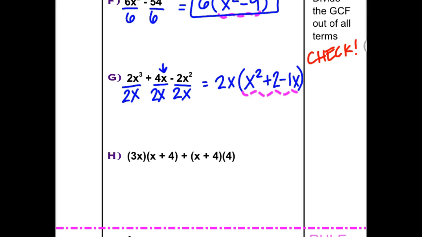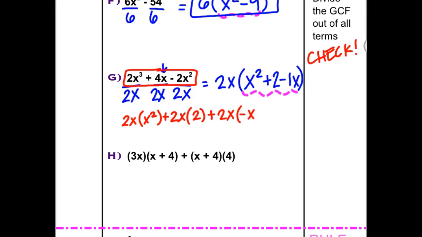I've already done the dividing out for you and breaking it up because I could rewrite this one here. When I break it up, I could write it as 2x times x squared plus 2x times 2 plus 2x times negative x.